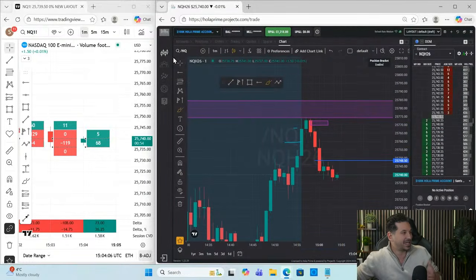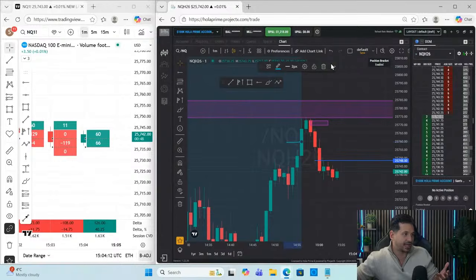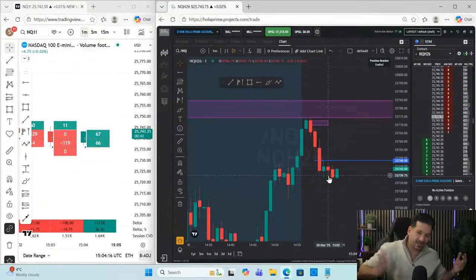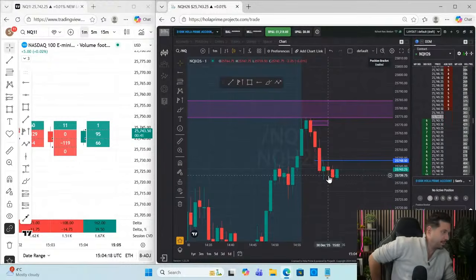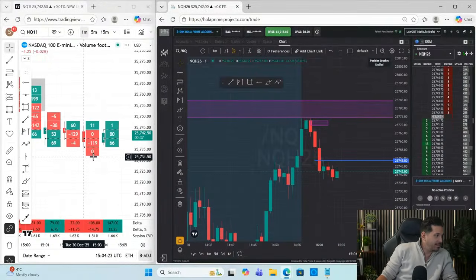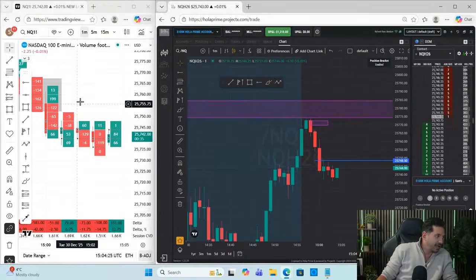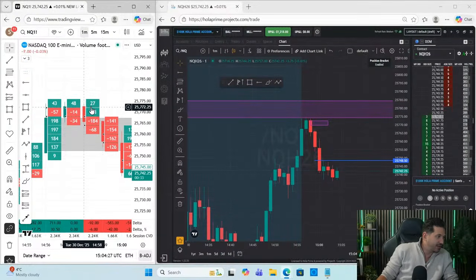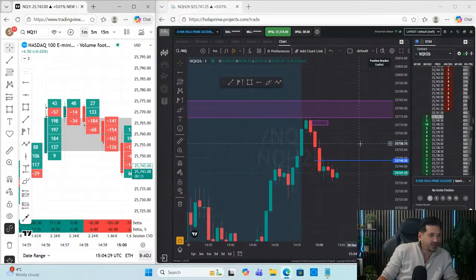So I like to kind of be in the market in areas where I'm seeing that kind of shift. I'd rather be early and get stopped out than be late and miss the move. So it's kind of like a balancing act. But yeah, if I wait for confirmation a bit, because again, in this move I didn't really wait for confirmation. I did front run it just purely based on two things.